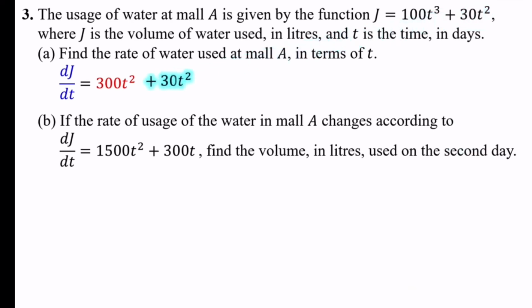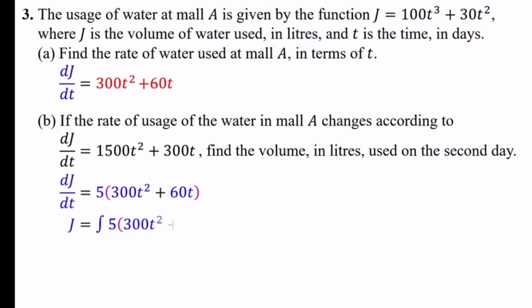So the first step is you differentiate. After you differentiate, you get dJ/dt, which is 300 t squared plus 60 t. Now, if the rate of usage of water in mole A changes according to another rate, which is 5 times the original dJ/dt, we will factorize the 5.